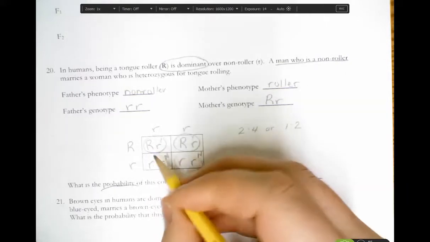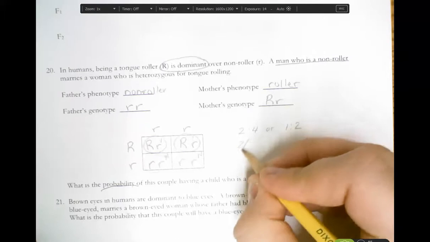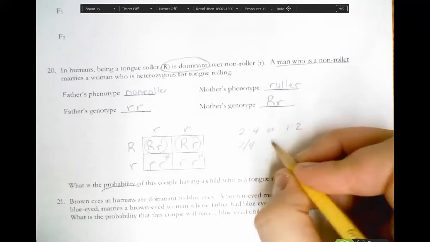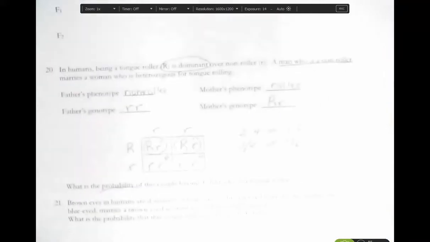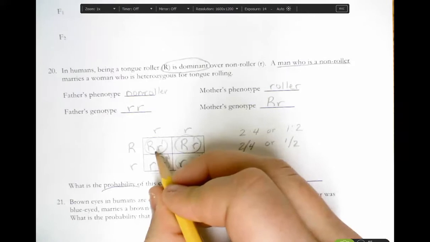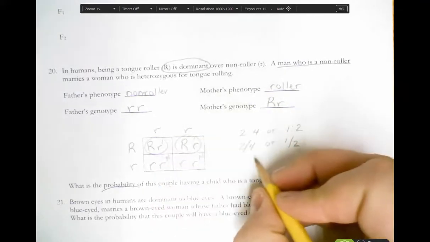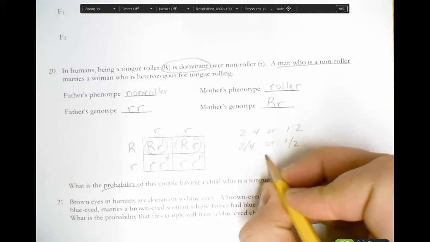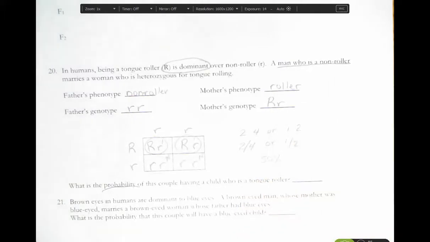How many boxes are tongue rollers? 2. So we could go 2 of 4, or in lowest terms, 1/2, right? How can we write this as a percentage? If we have 2 boxes of 4, we know that is 50%. So there's a 50% chance they will have a child that is a tongue roller.